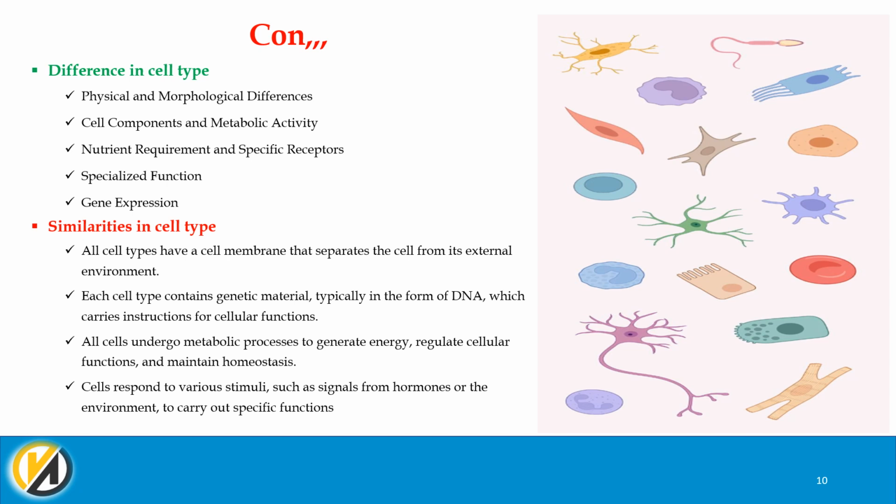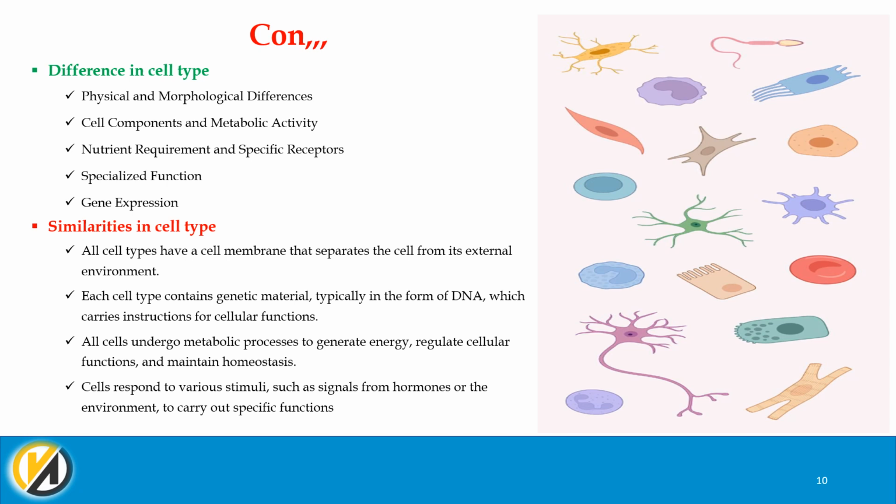These cells have their own differences and similarities. To discuss their differences, these cells differ in their physical and morphological characteristics. As you can see in this picture, there are different types of cells with different morphological characteristics. For example, red blood cells have a circular or disc shape. Nerve cells have branches and tails.